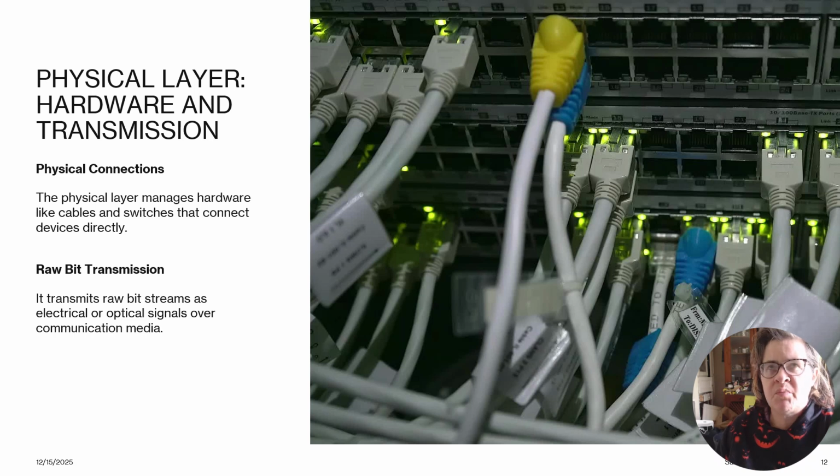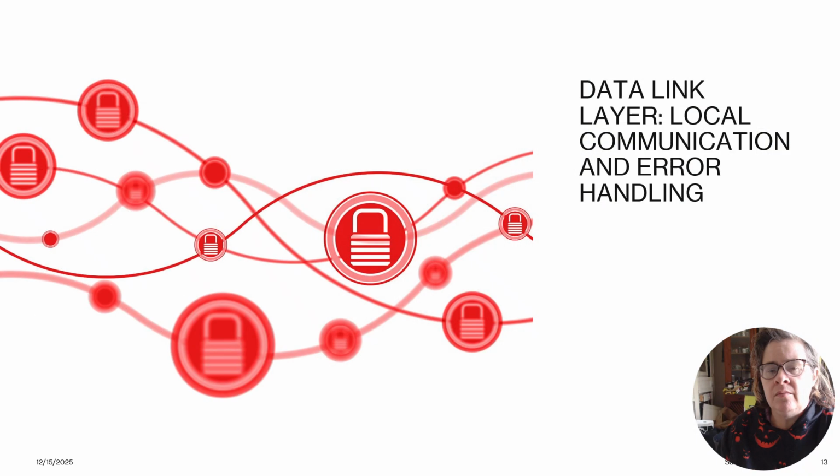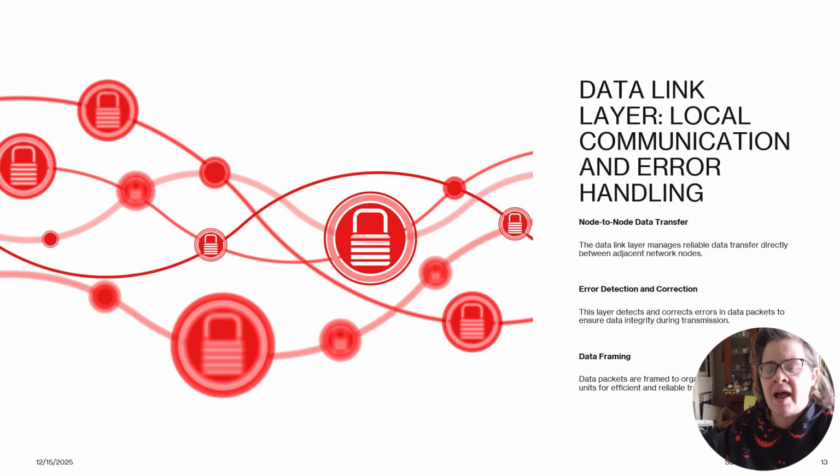Okay, so remember, a bit is a single character, like it's a 1 or a 0. Okay. The data link layer is responsible for node to node data transfer. So computers can be called nodes. This layer handles error correction and framing of data packets for reliable local communication. Okay.